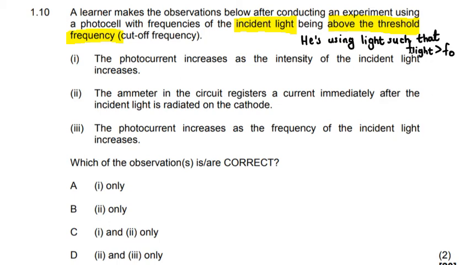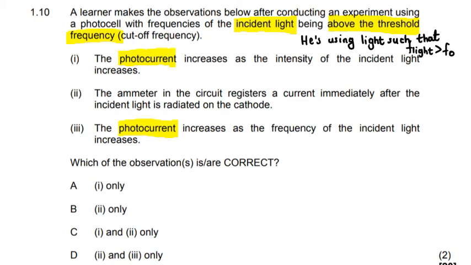Now that means that if the frequency of the light is greater than the threshold frequency, the light is able to emit photoelectrons, which then leads us to the current in the circuit, or what we call the photocurrent. Now there are two statements here that talk about this photocurrent, so we need to decide which one of the statements is the correct one.